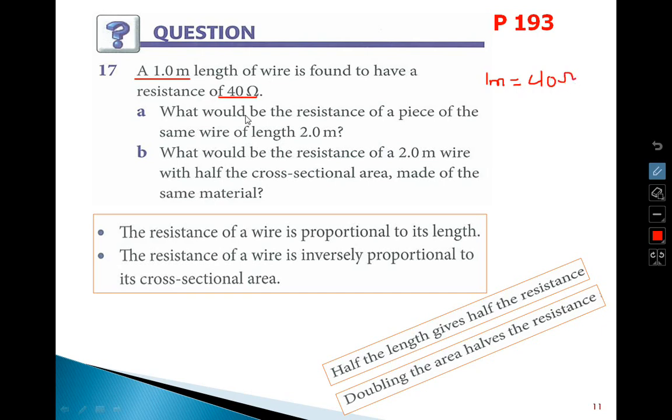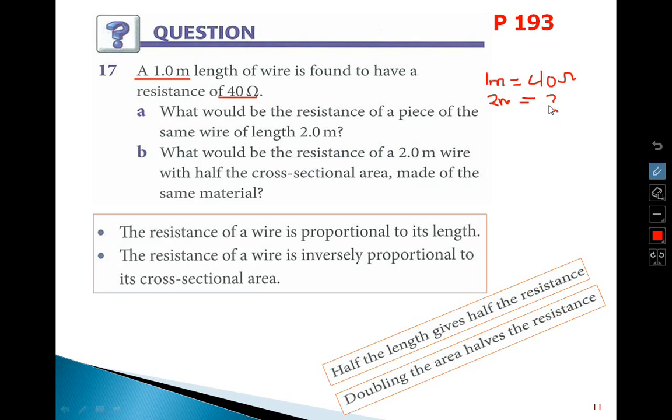Just for example. So what would be the resistance of a piece of the same wire of length 2 meter? If we increase the length of the wire, what is the value of R here?